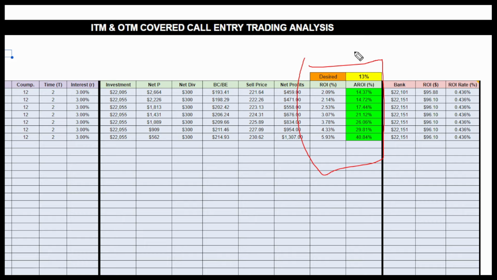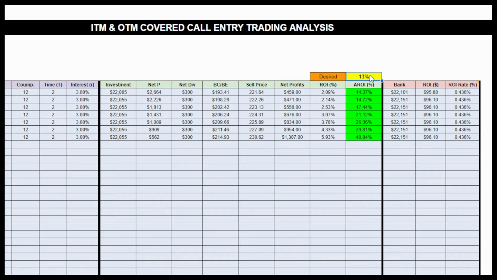Let's say, for example, we collect a 2.09 rate of return on the first trade that we did with the strike price of 195. The extrinsic value was, I think, 160, something like that. We get a 2.09 rate of return, annualized 14.37. If you put your input here, you can get access to this simulator.